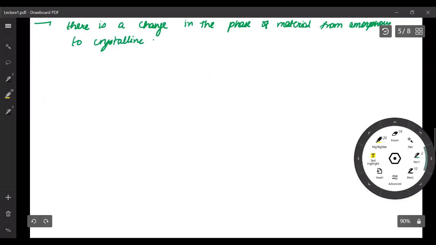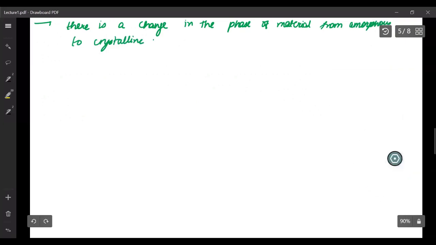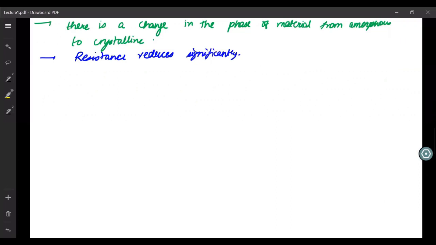How can you measure this change, or what are the properties that will change? The resistance will reduce significantly. And now, even if you remove the pulse, the material is still going to be in the crystalline state itself.